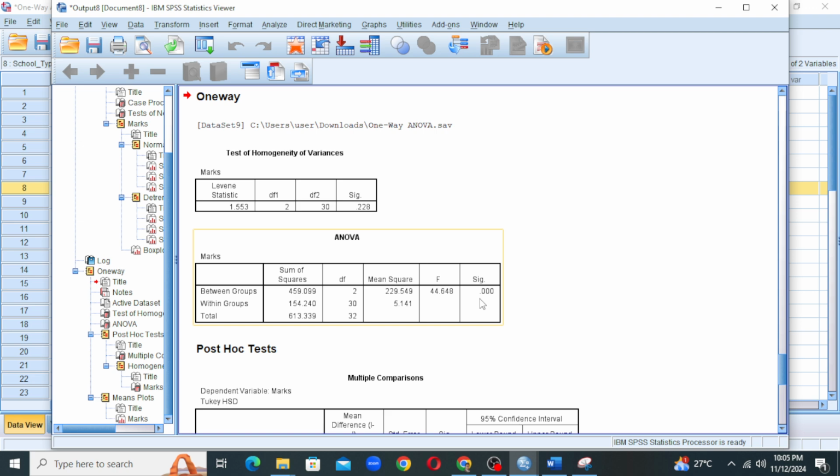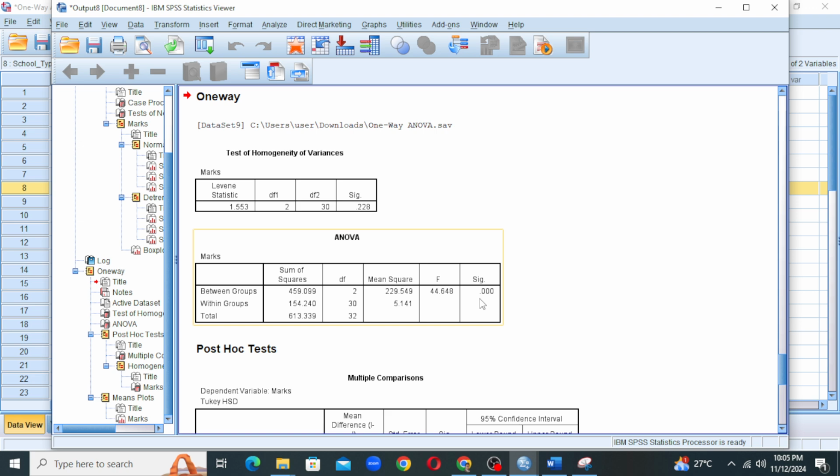So now you have identified there are differences between these three school types for English marks, and now asking in which school type the difference exists.